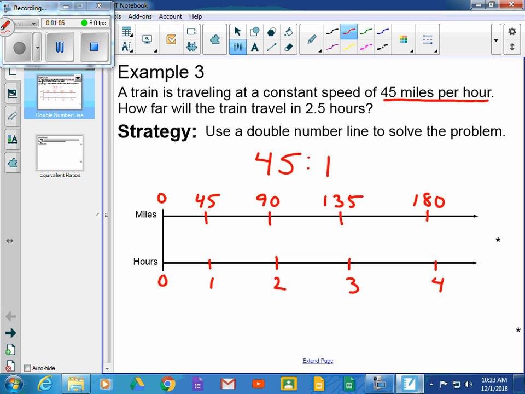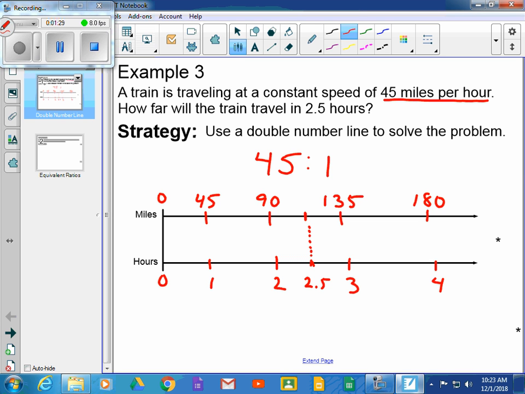Now I have to figure out where 2.5 hours is, and that's exactly halfway between 2 and 3, and that's going to match up with an amount that's exactly halfway between 90 and 135. To find this, the interval between 90 and 135 increases by 45.